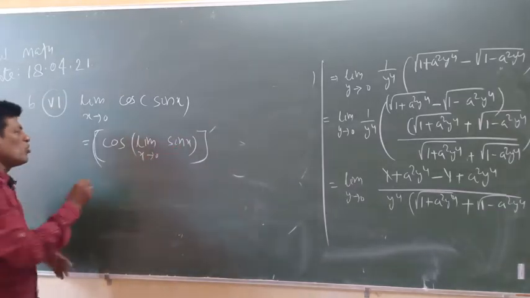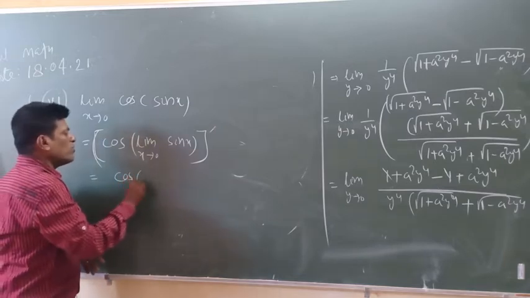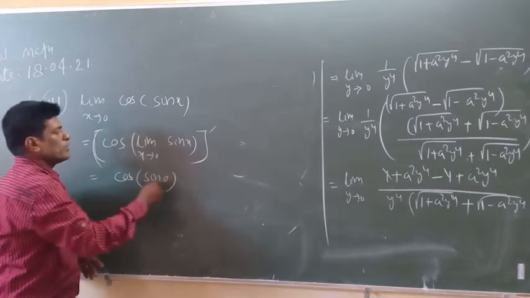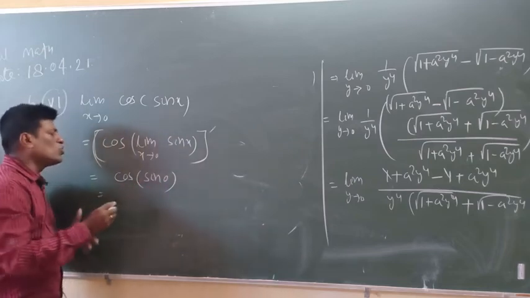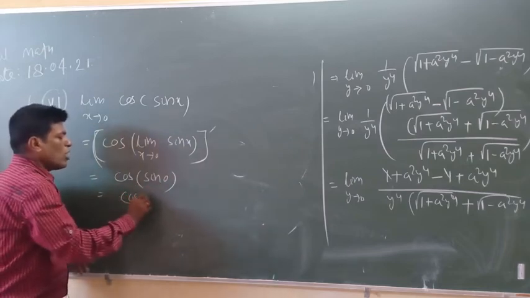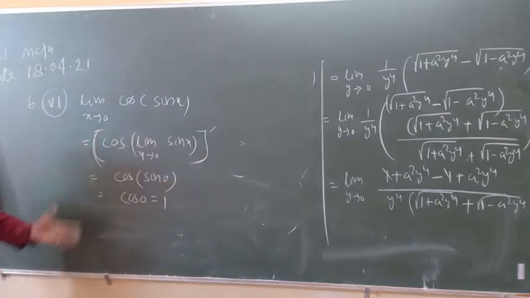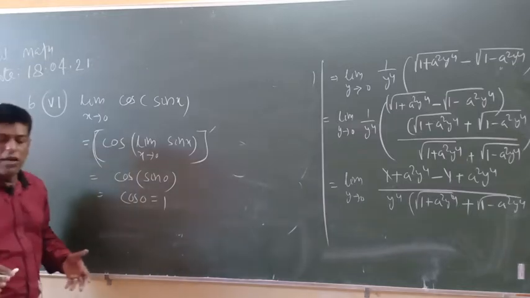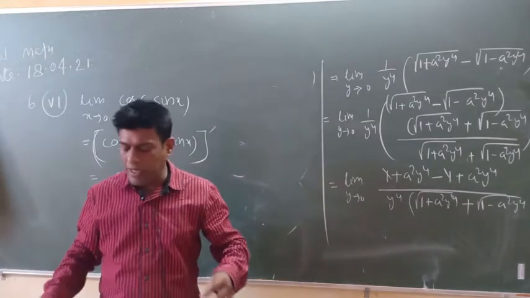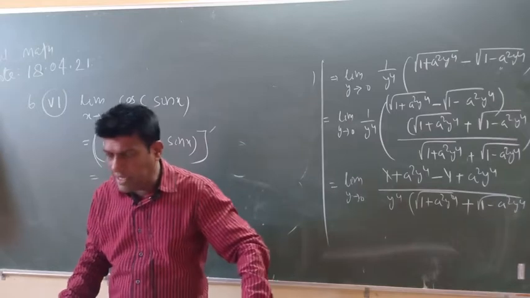Sin 0 is equal to 0, no doubt. Cos of sin 0, so the value of sin 0 is 0, that becomes cos 0, and cos 0 is equal to 1. It is a very easy process. For particular questions V1, V2, V3, you can do it this way. That is V1.